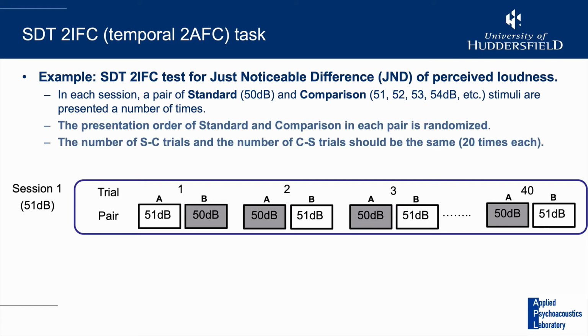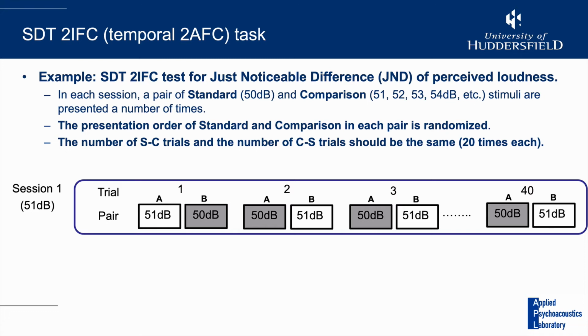But the important thing to remember here is that the presentation order of the standard and comparison stimuli in each pair should be randomized, such that the number of SC trials and the number of CS trials should be the same. So in one trial, the comparison is presented first, and then the standard after a certain time gap.